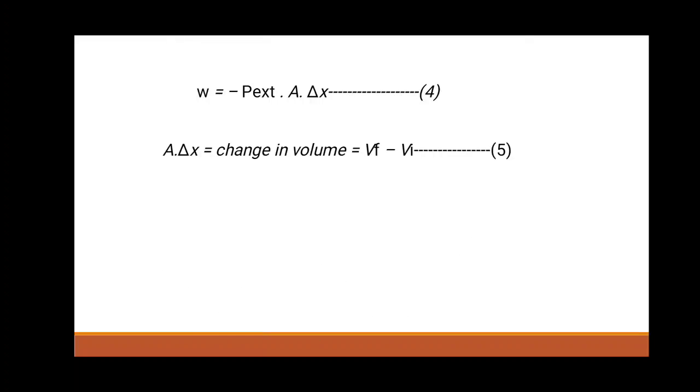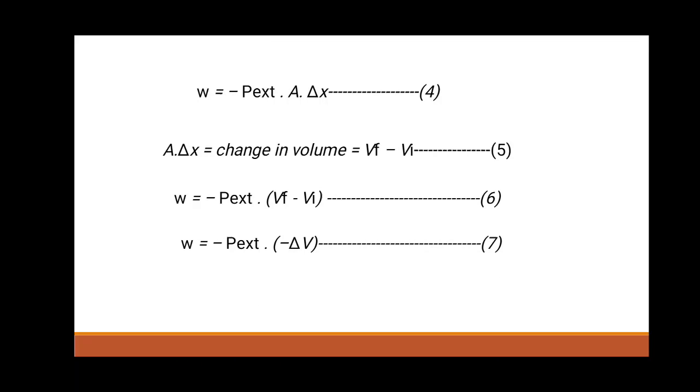Now, area into change in volume del x. So, how can we write it? Final volume minus initial volume. When we apply the external pressure on the cylinder, the change in volume occurs. Now, W equal to minus external pressure, change in volume, final volume minus initial volume. This is equation 6.